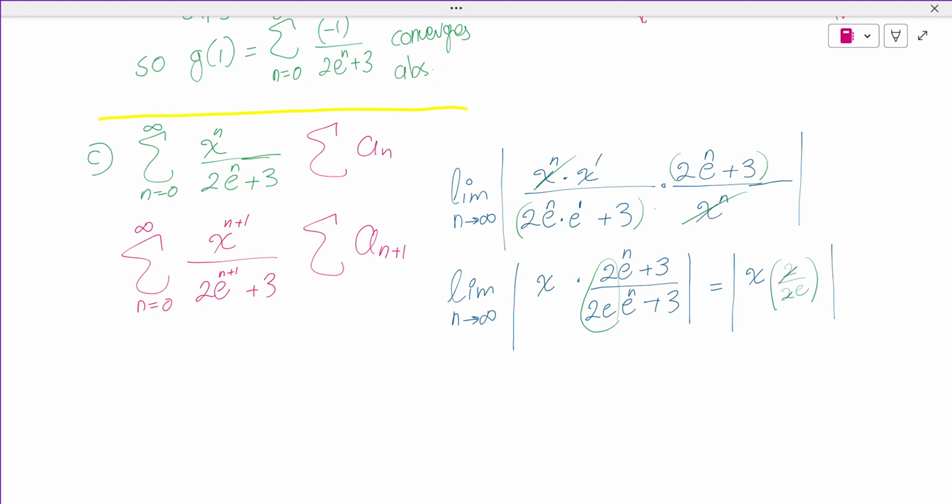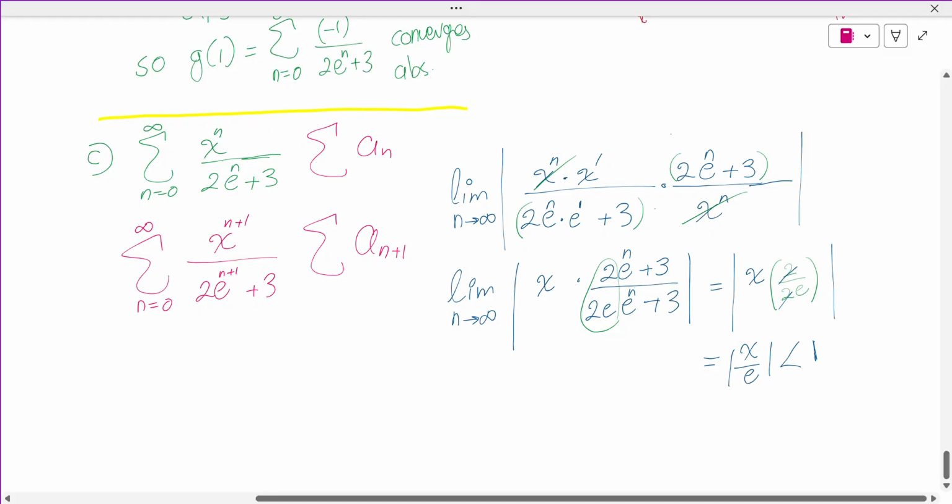We can cancel the 2 with 2. That leaves us with absolute value of x over e. Now, in order for this given series to converge, it has to be less than 1, right? So this absolute value of x over e is less than 1.